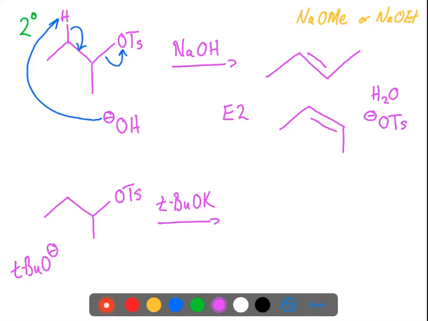Draw one proton for mechanistic purposes, and draw the curved arrows. And so in this particular instance, yes, it will still be E2, but our major product will be the following alkene.